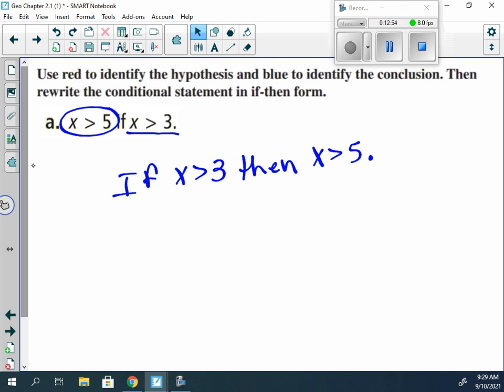And that's how we would do it, just the way they have this set up. The better way to do it would be having it flip, to say that if x is greater than 5, then x is greater than 3. That will always be true. Because if a number is greater than 5, it has to be greater than 3. Questions on this here?